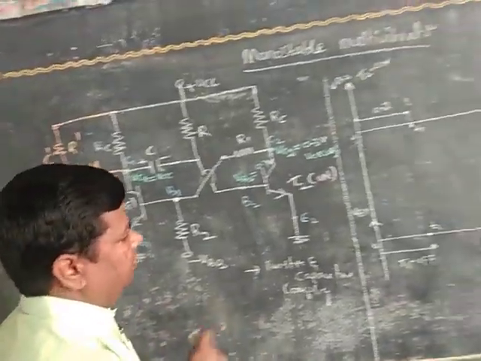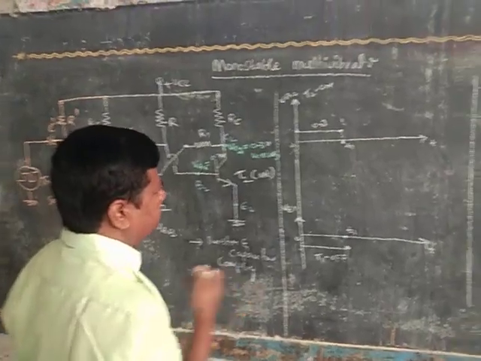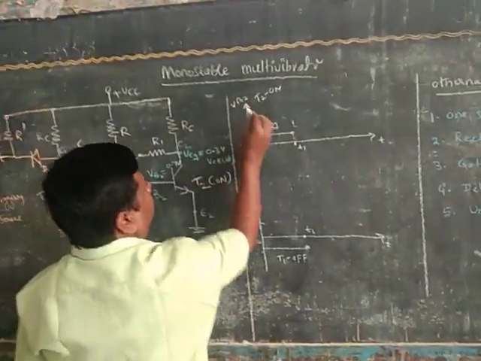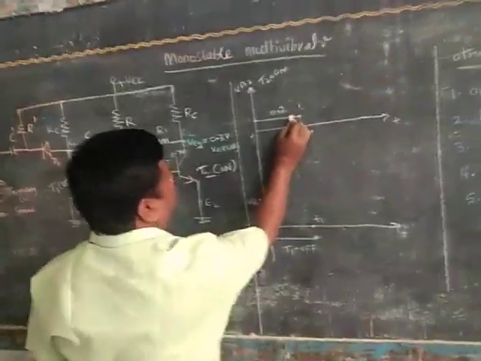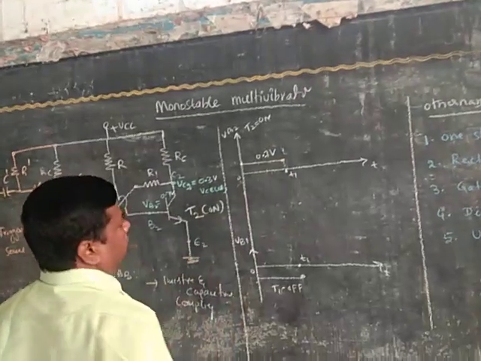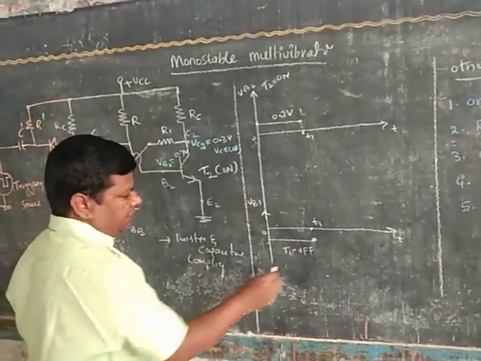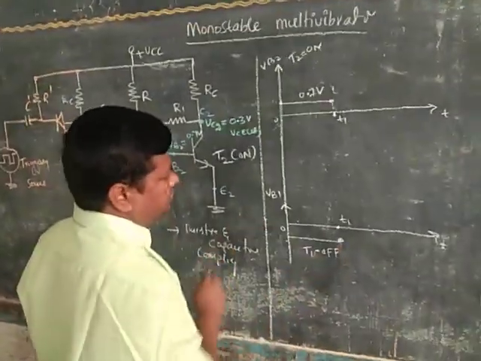Coming to the waveforms, we are interested only in base waveforms. Why? Because base waveforms are important in the monostable. VB2: T2 is on, its base voltage is VBE saturation, that is 0.7 volt. Similarly VB1: T1 transistor off, its base voltage is less than zero.